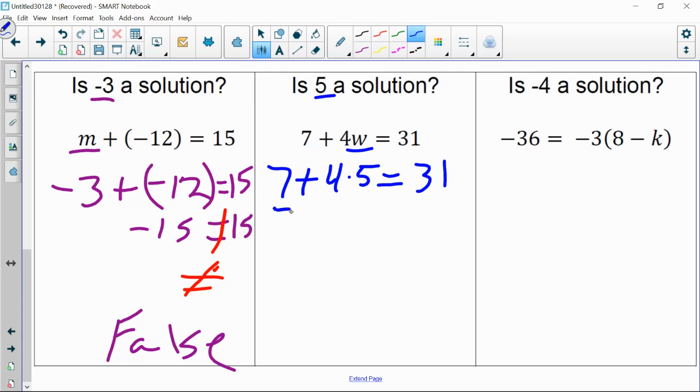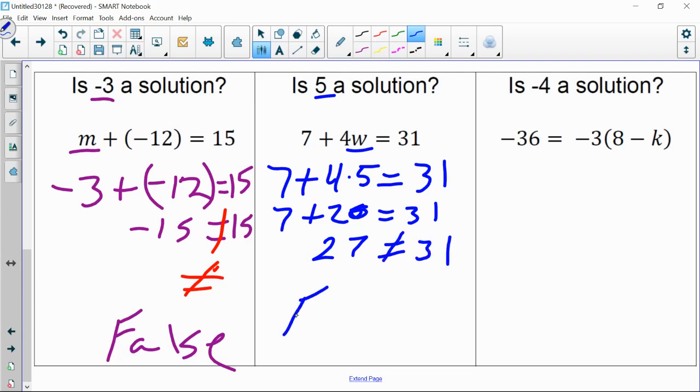So here I have 7 plus 20 equal to 31. Well, what is 7 plus 20? Well, 27. So is 27 equal to 31? No, so this is false as well. If you need to pause that and then catch back up, go ahead.